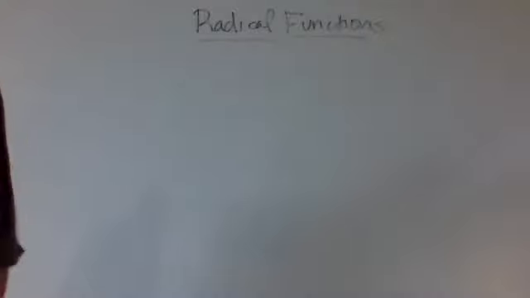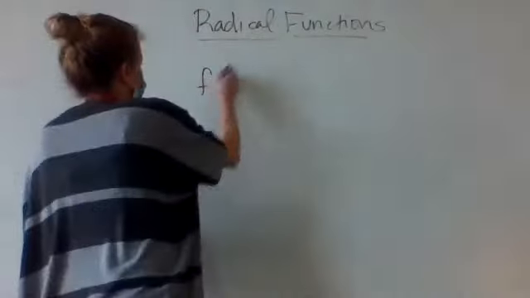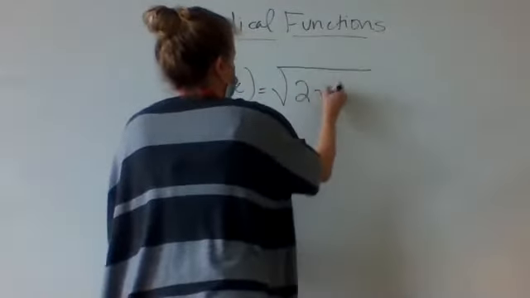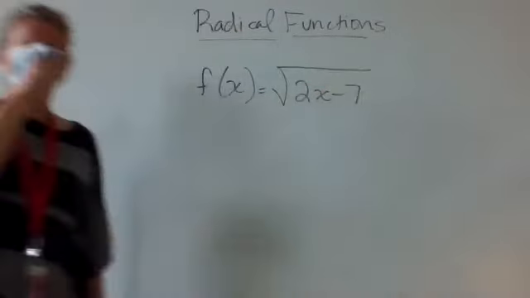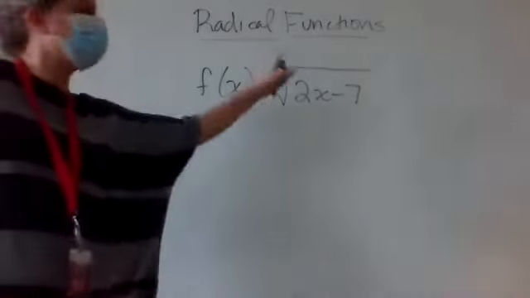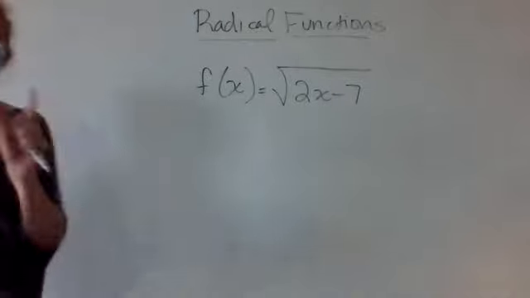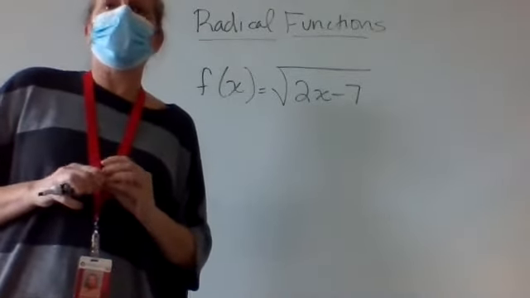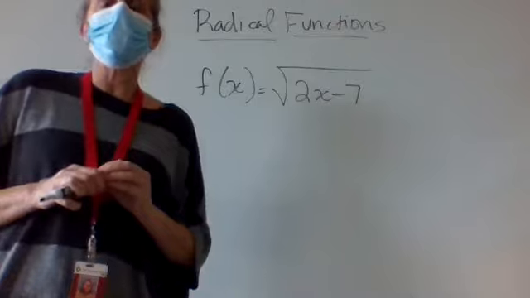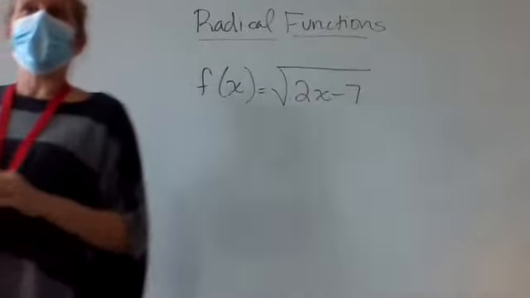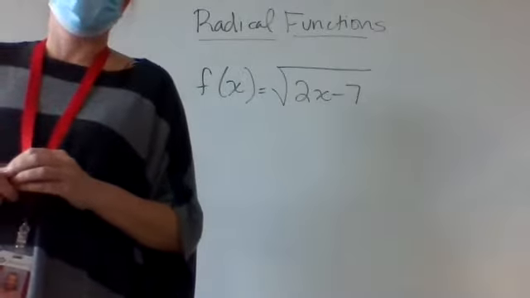You have the function f of x equals the square root of 2x minus 7. So if you were going to graph this, the first thing you're going to have to realize is it can't have any x in the world in its graph, because what is underneath a square root symbol has to be positive, right?